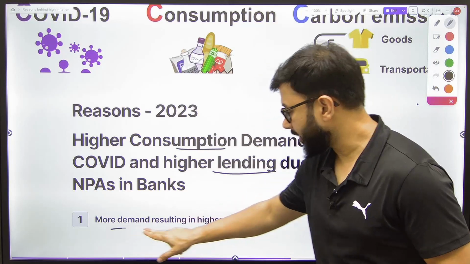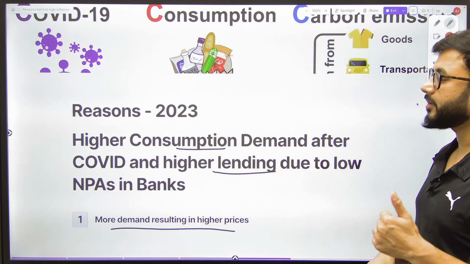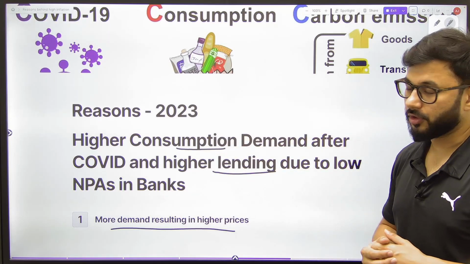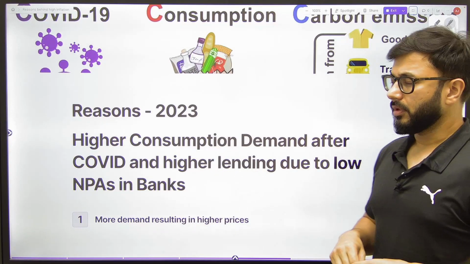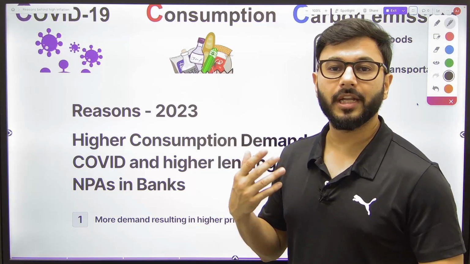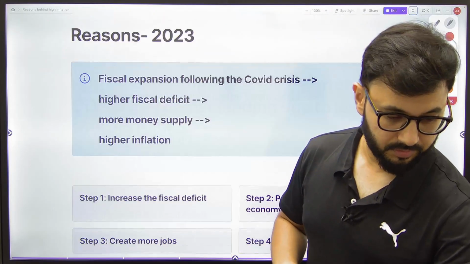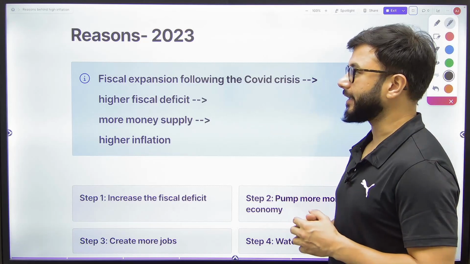So more demand resulting in higher prices. So these are the two major reasons after the food reason: higher consumption after COVID, as well as higher lending by banks because of stronger fundamentals of banks and lower NPAs. So this is an unexpected disadvantage of lower NPAs for the banking sector.